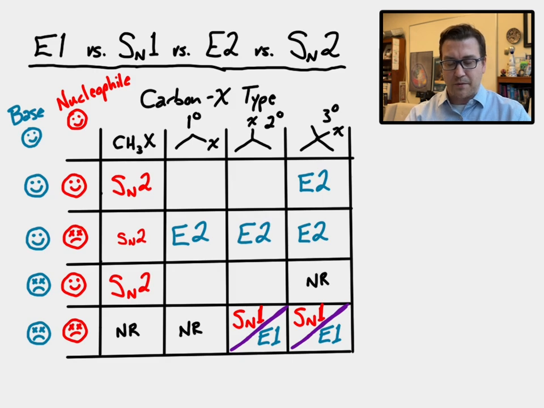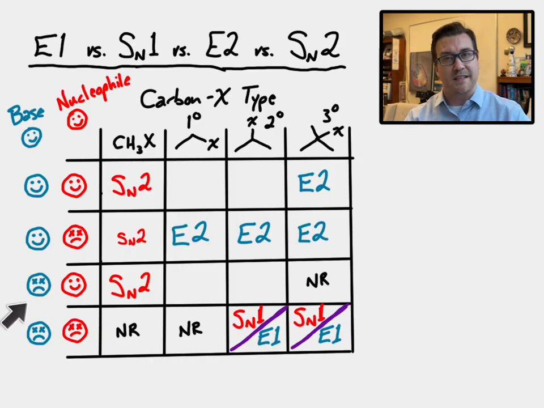Now, if you look to the situation where you have a strong base and a poor nucleophile, so a non-nucleophilic base, with compounds that can do elimination reactions, so primary and secondary, those are both going to be expected to do E2 elimination reactions.